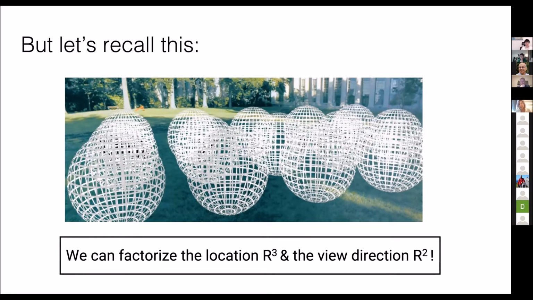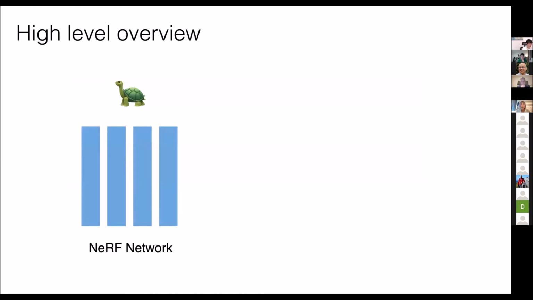This is really the insight into how we make NeRF real time. The high-level idea is that we take the original NeRF network that is small, and we apply some magic that factorizes the view-dependent effects and the location of these densities.